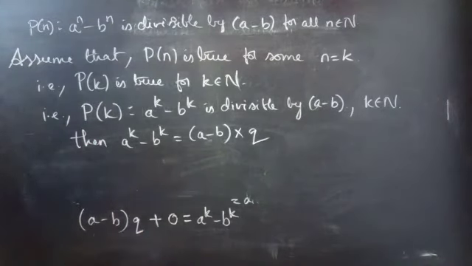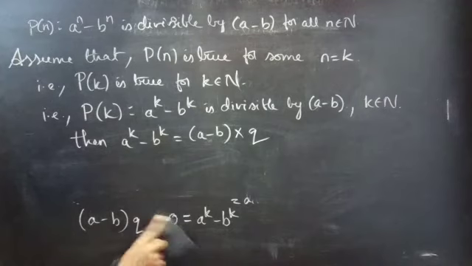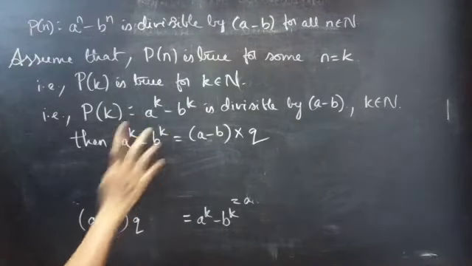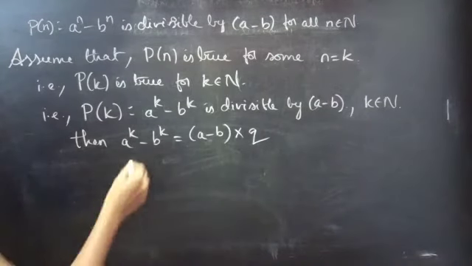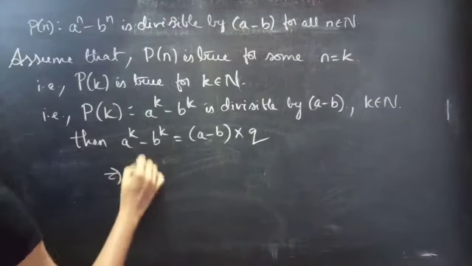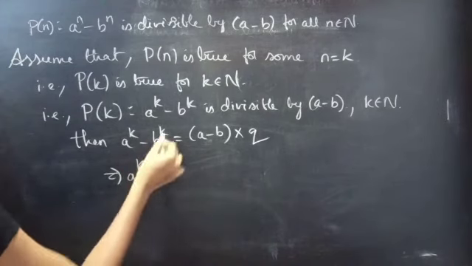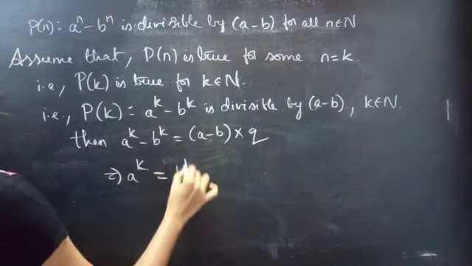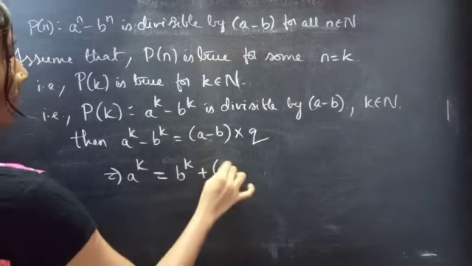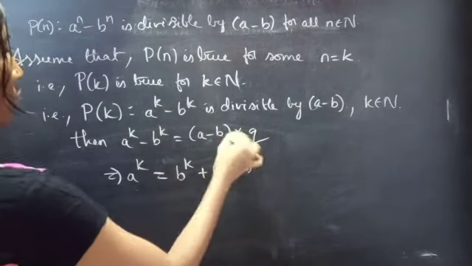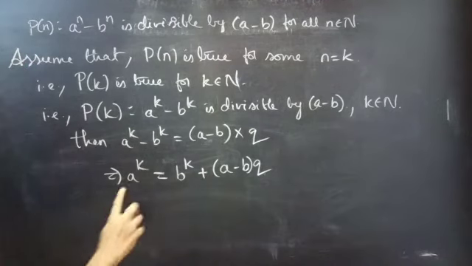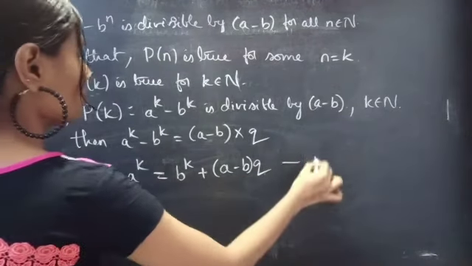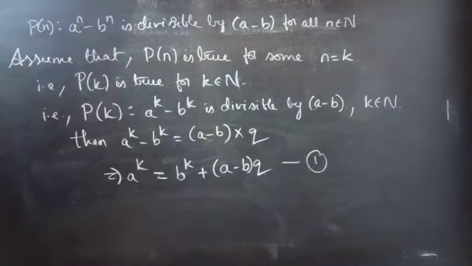So now, from this you'll get a minus b into q equals a power k minus b power k. Okay. So you can write this as a power k equals, taking minus b power k to the RHS, you'll get b power k plus a minus b into q, right? Now, consider this as equation 1. Okay.